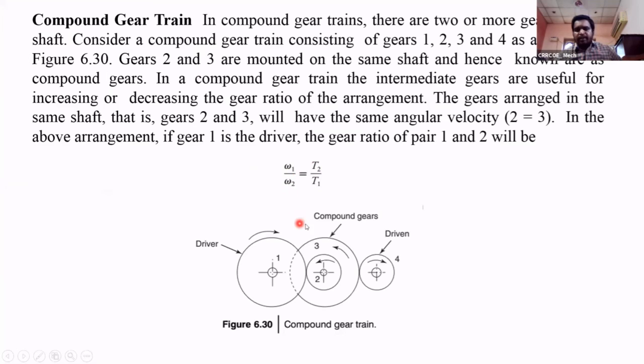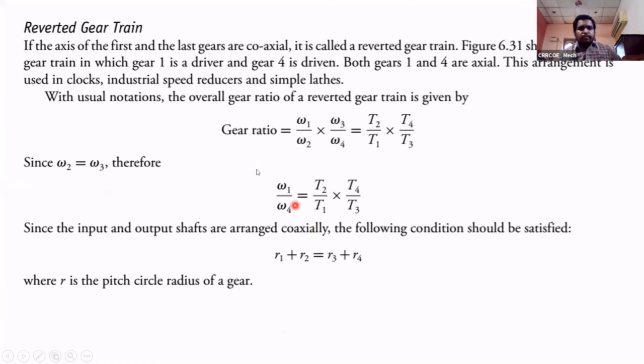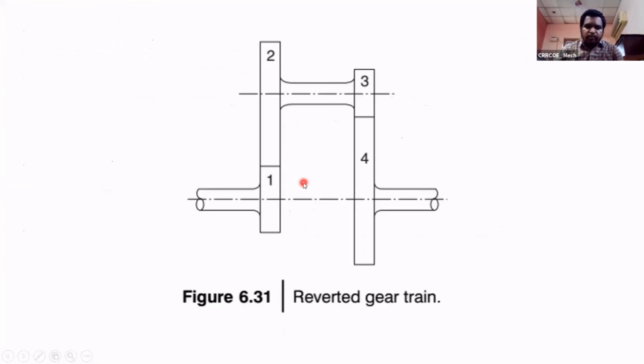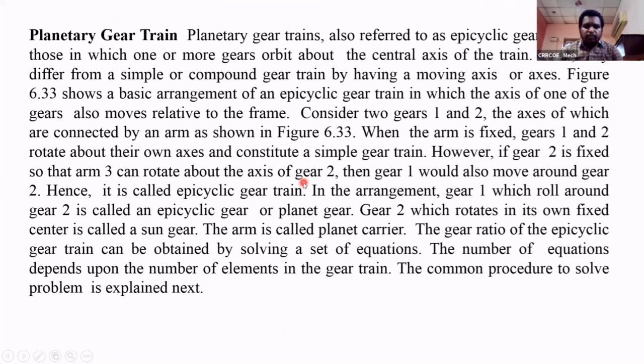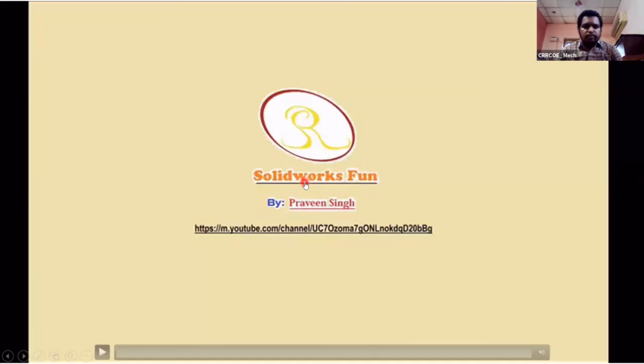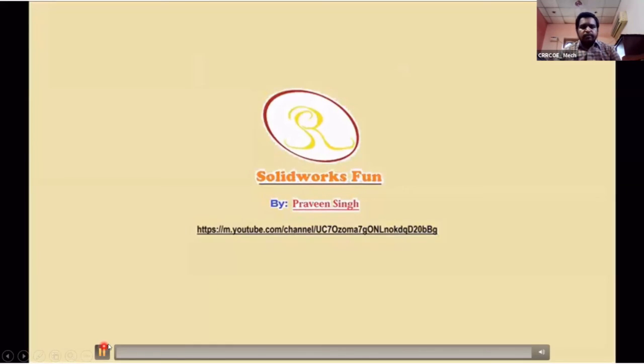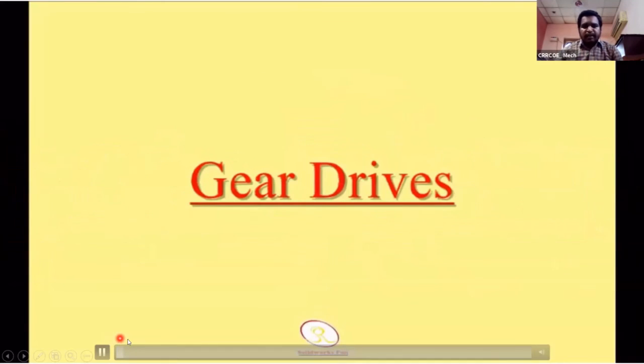I will show animation of these gear trains. Next, reverted gear train. First I will show the animation, later I will explain about these things, because we have less time. First I will show the gear trains.